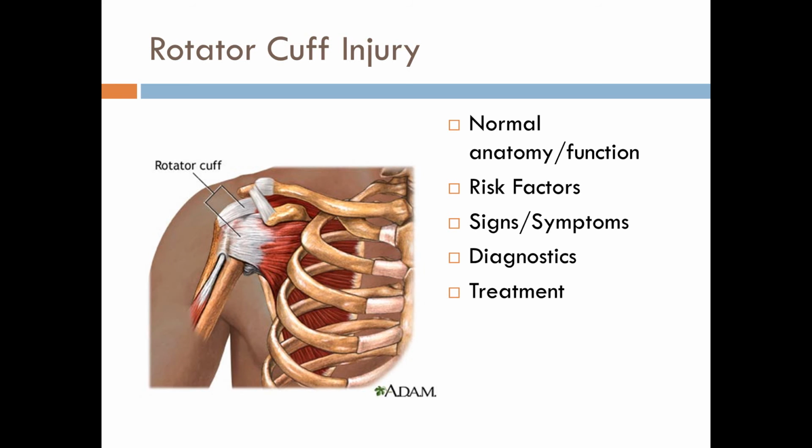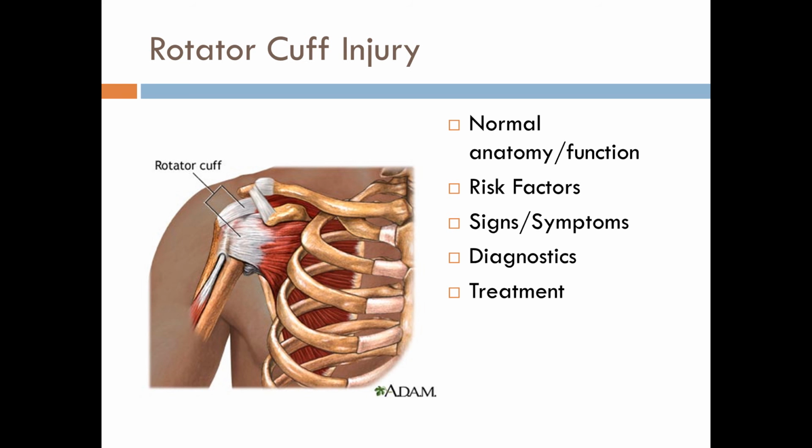Diagnostically, they can look at it with an MRI and confirm if there's a tear. But an easy way doctors do it in the office is called the drop arm test, and this is when the arm falls suddenly after the patient is asked to slowly lower the arm to the side after it's been abducted 90 degrees.